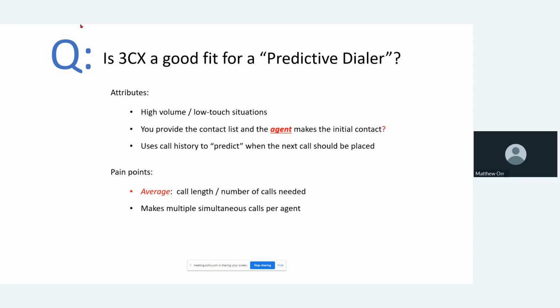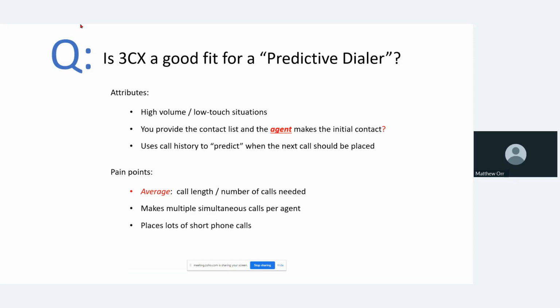But a predictive dialer turns that whole licensing concept upside down, in that what's important to a predictive dialer is the number of simultaneous calls that it can make. So using a predictive dialer with 3CX means that you have to double, triple the size of your 3CX license based on the number of agents that you have. So might not be a great fit for that.